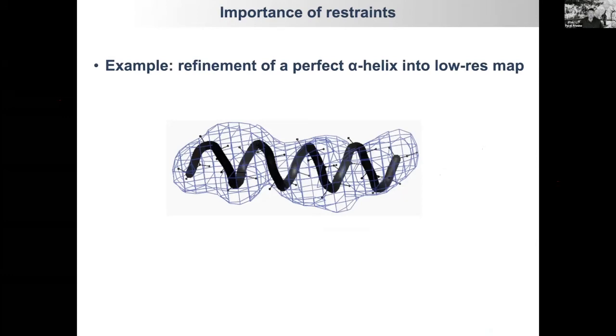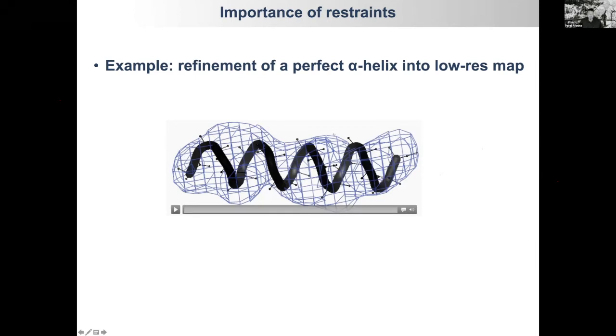And that's my favorite example that I've been showing for 10 years now. It illustrates the importance of restraints. Why? What happens if you don't bring this extra information? So what happens in refinement, right? Here in this little numeric toy example, we're going to fit this perfect alpha helix into a sausage of density of, I think, 5 angstrom resolution.